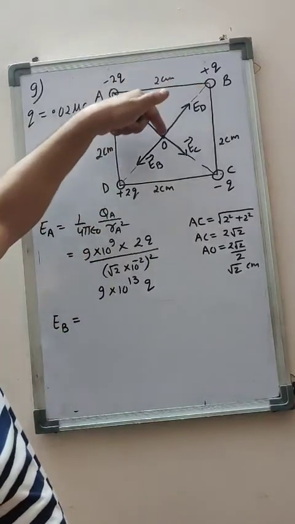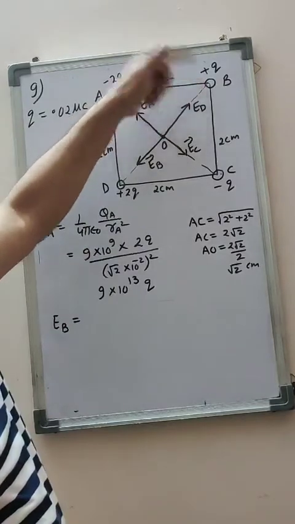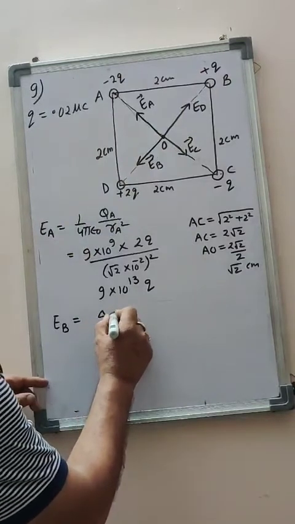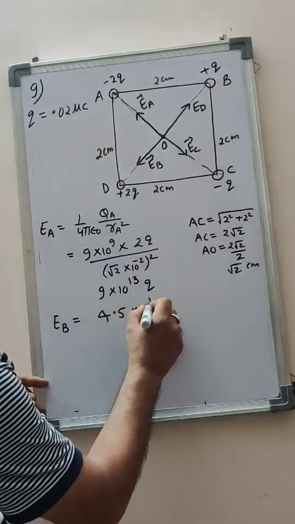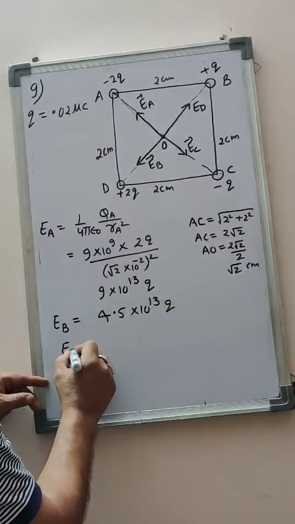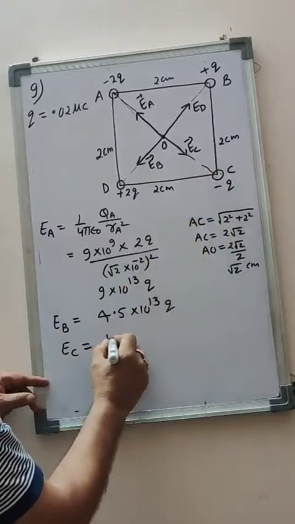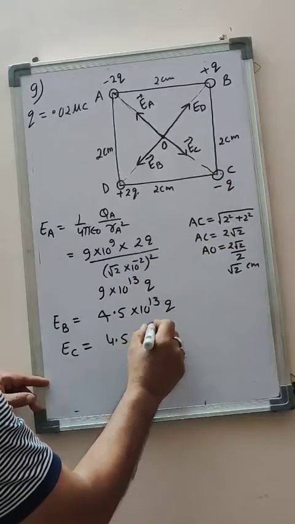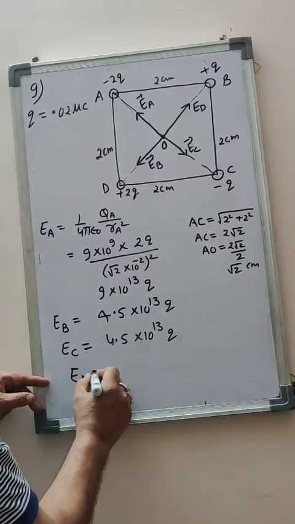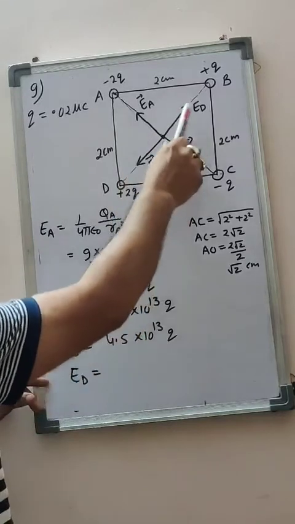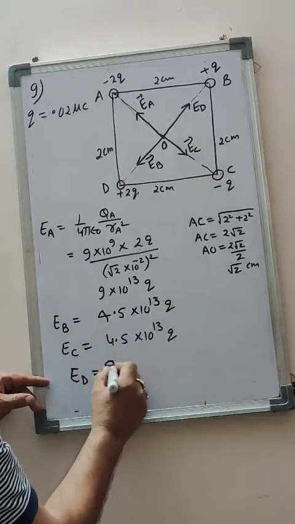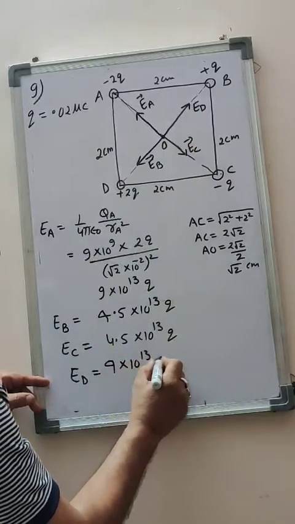When you find EB, R will remain the same, but charge is reduced to half. So it will be 4.5 into 10 to the power 13 Q. EC again 4.5 into 10 power 13 Q, and ED, that is due to 2Q, will be 9 into 10 to the power 13 Q.